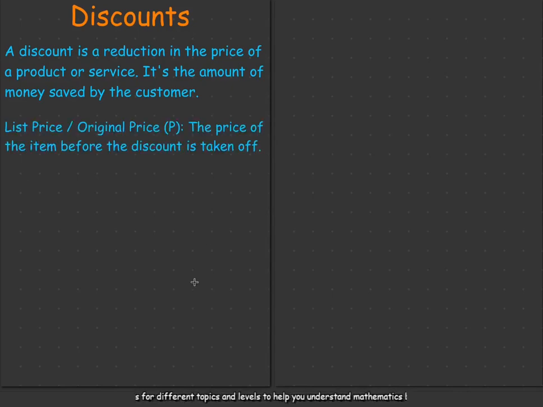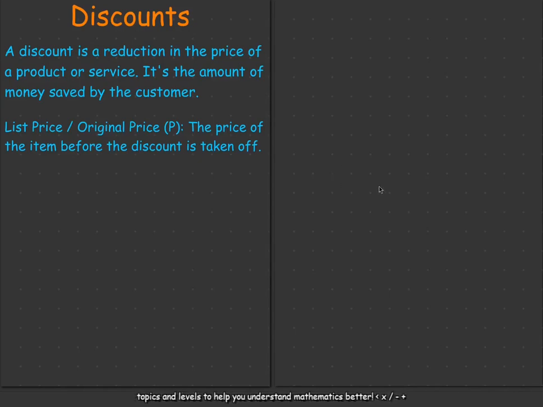It is the price when you have not taken any discount, the price of the item before the discount is taken off. It is sometimes called the list price or the marked price.